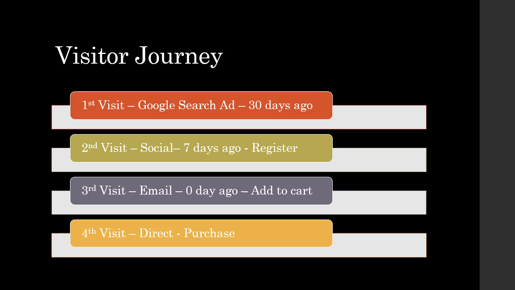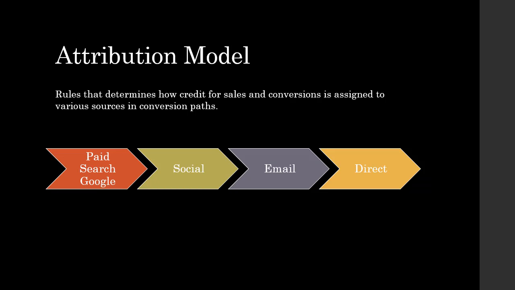And that is what the attribution model solves. Attribution model is a set of rules that determine how credit for sales and conversions is assigned to various sources in the conversion path. In this case, user interacted with 4 channels: paid search on Google, social, email, and direct.